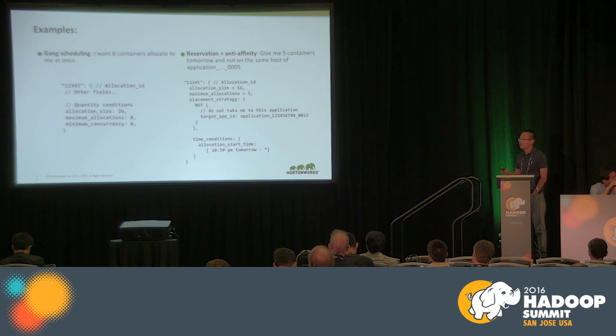The placement strategy means where I want to place my containers. It is a NOT of the target application ID, which is application 15. And the time condition is when I want the resource to be allocated to me. It is 10:50 p.m. tomorrow or after.